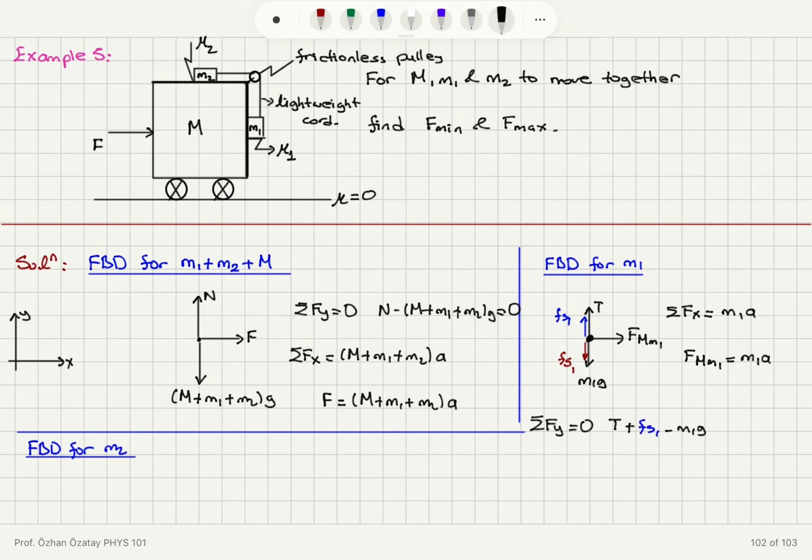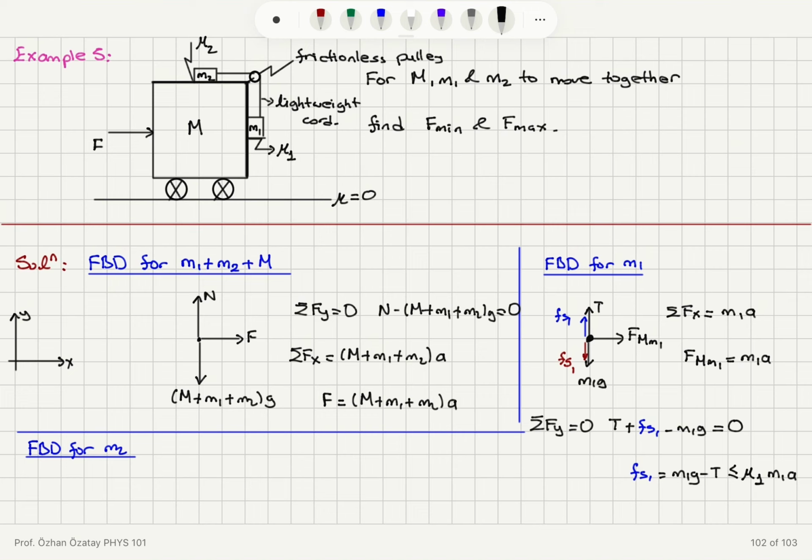So we will have the force of friction Fs1 is equal to M1G minus tension, which is less than or equal to μs times the normal force, so it is μ1 times M1A, because the normal force we have found to be M1A.